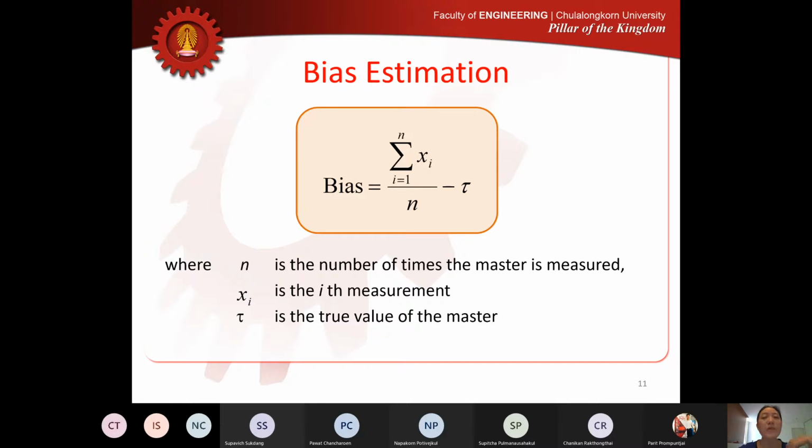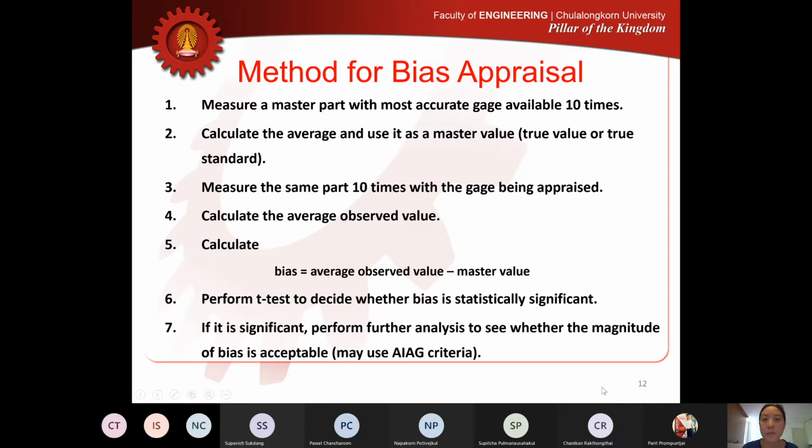Okay, and to evaluate the bias, we will take a look at the method for bias appraisal. First, we have to have a master part. A master part means a workpiece that we assume we know the correct value of.